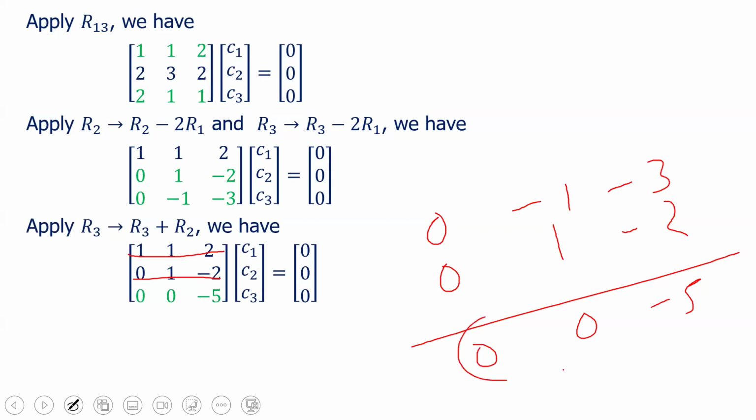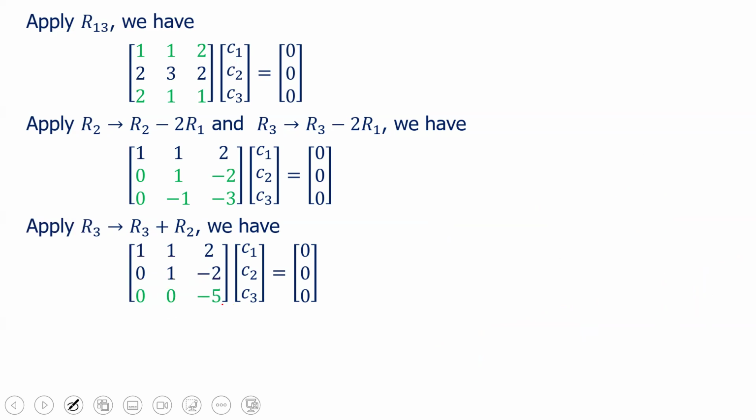So this is the last row. Now the given matrix is converted into an equivalent form because below the main diagonal, all elements are 0.